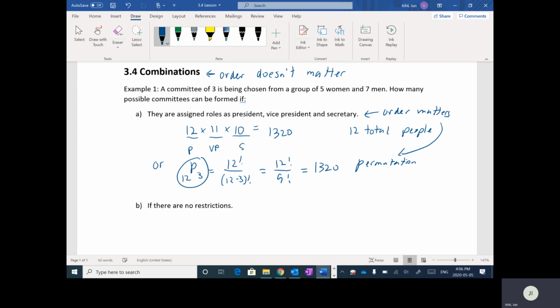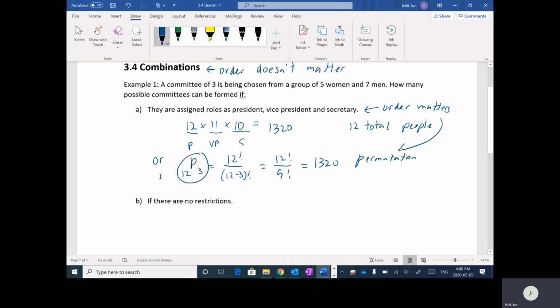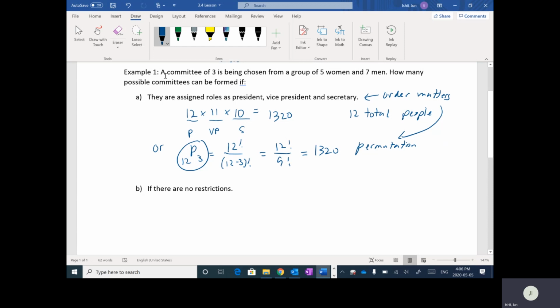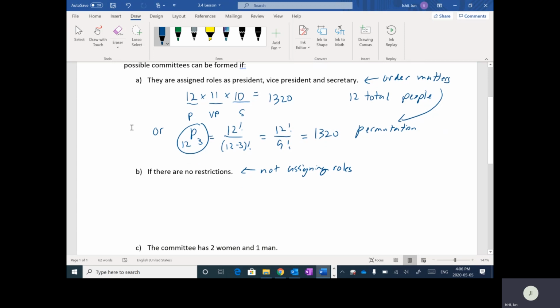Now, going right to part B, let's say we want to create a committee of 3 from these 12 total people, but there are no restrictions. That means we are not assigning roles. For instance, let's say I choose person A, person B, and person C as one possible committee.